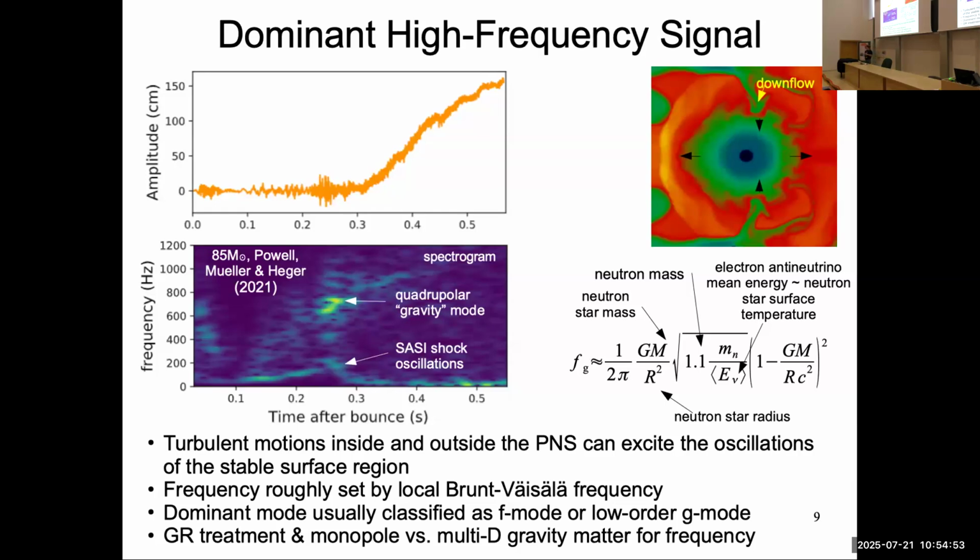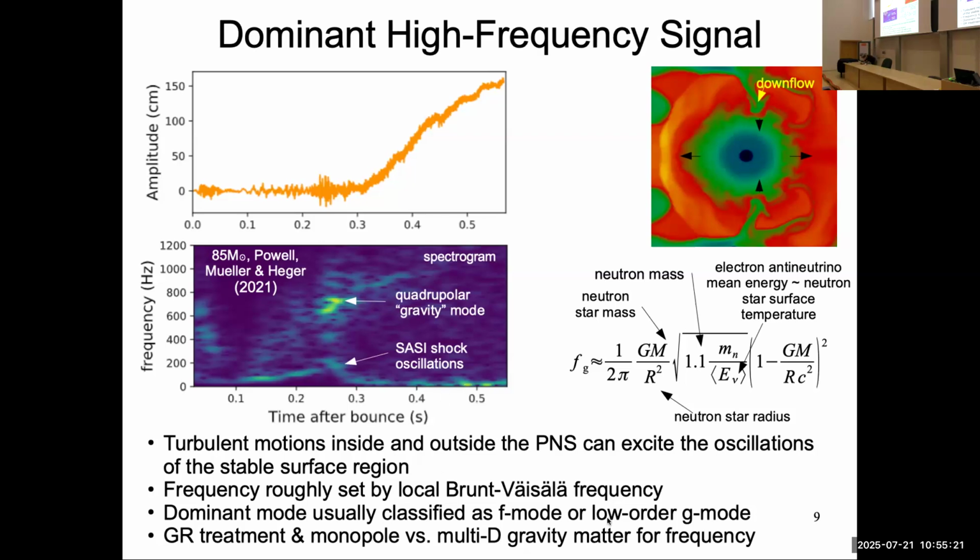And of course, it may also be true that depending on the slightly different dynamics that we see in simulations of different groups, we actually have a mode that is of slightly different character in terms of, let's say, where the actual nodes of the mode eigenfunction sit and where it sits in the classification scheme. Yeah.